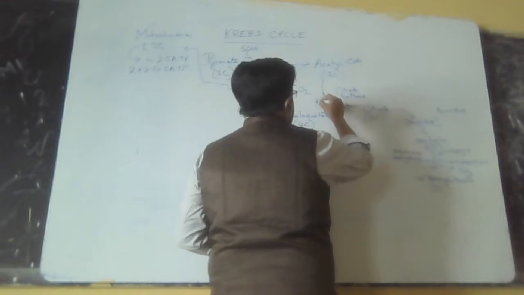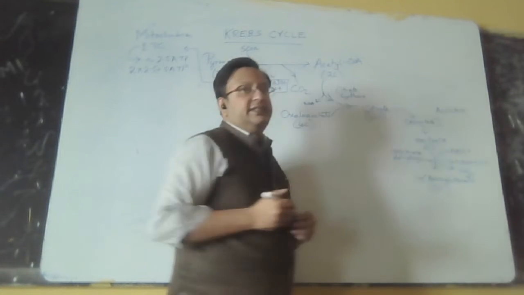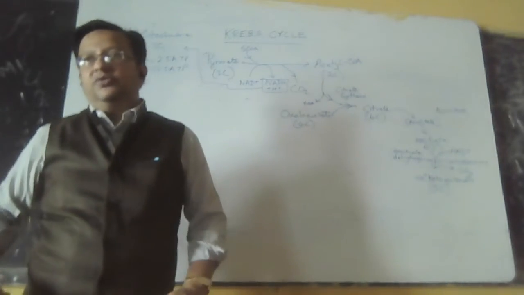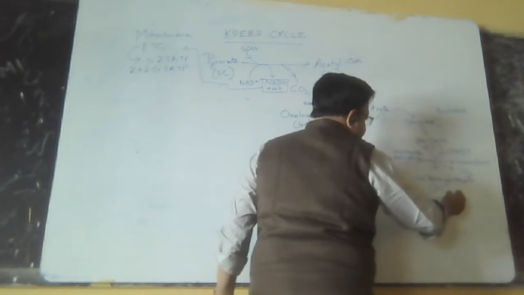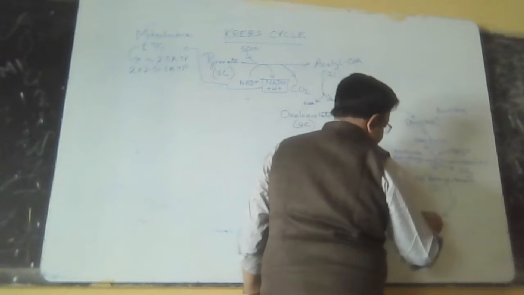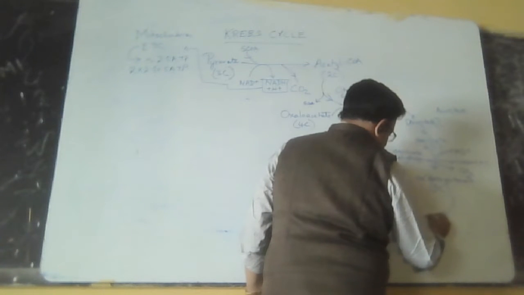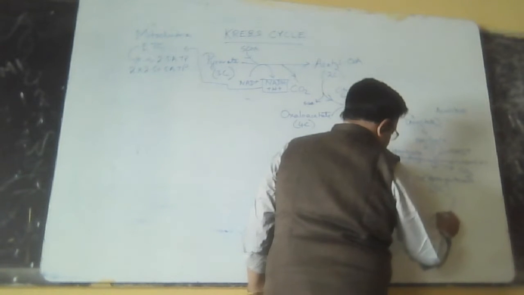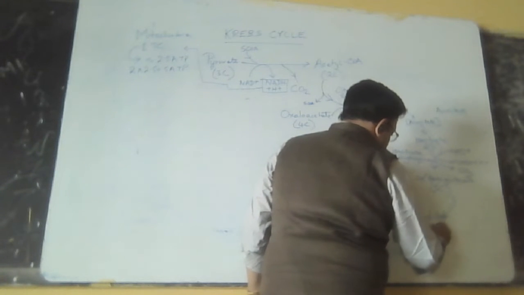In this step, I have forgotten, the coenzyme A is released out, otherwise citrate is not formed. Now, alpha ketoglutarate forms a compound known as succinyl CoA, this is a 4-carbon compound.